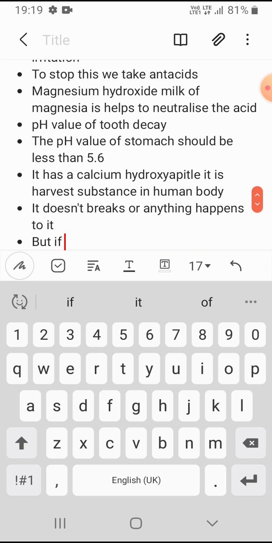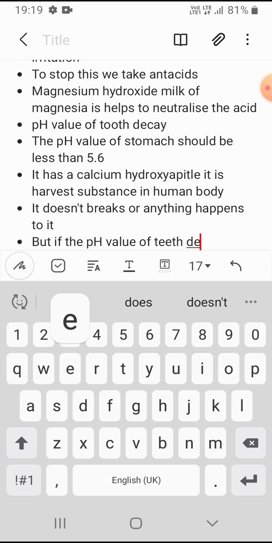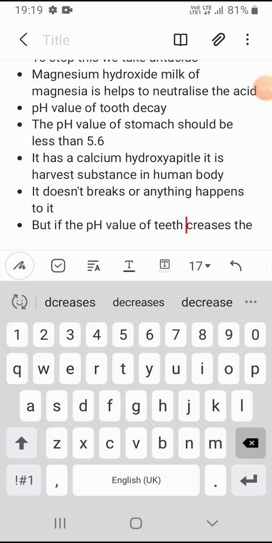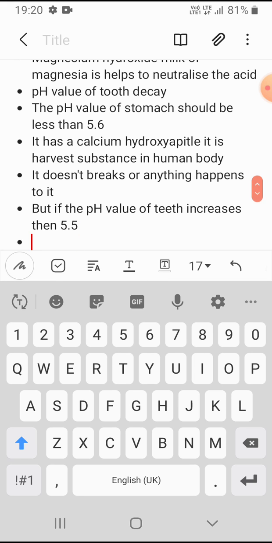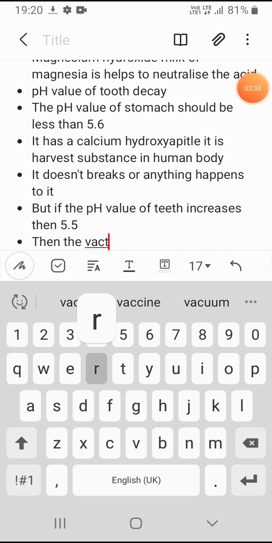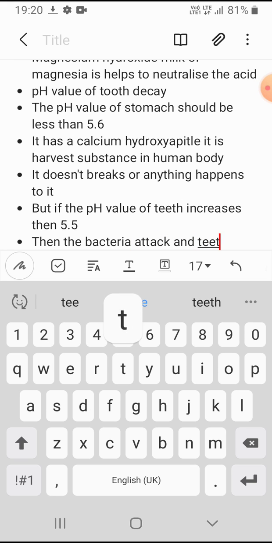But if the pH value of the mouth decreases below 5.5, then bacteria attack and the teeth get decayed.